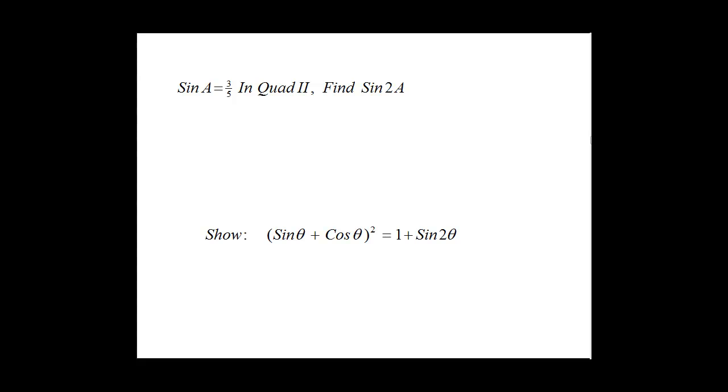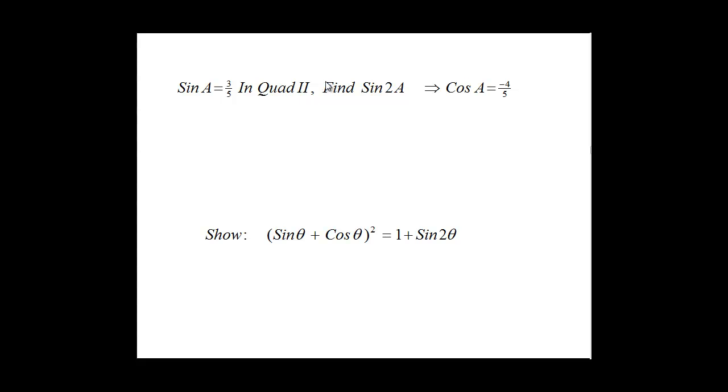Okay, suppose sine is 3/5, and we're in the second quadrant, and you want to find sine of 2a. Well, you just plug it into the formula. We do need to know cosine. If sine is 3/5, if you draw a triangle, cosine will be negative 4/5 in the second quadrant.